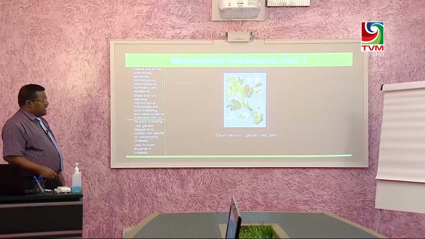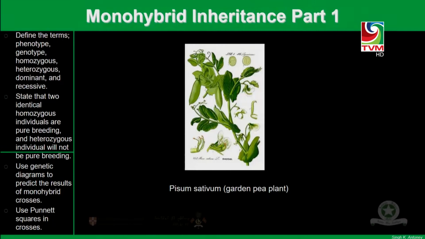He did experiments using the garden pea plant. The scientific name is Pisum sativum. Whenever you write the binomial nomenclature, as you have learned in grade 9, the generic name or genus name should start with a capital letter, and the species name with a small letter.